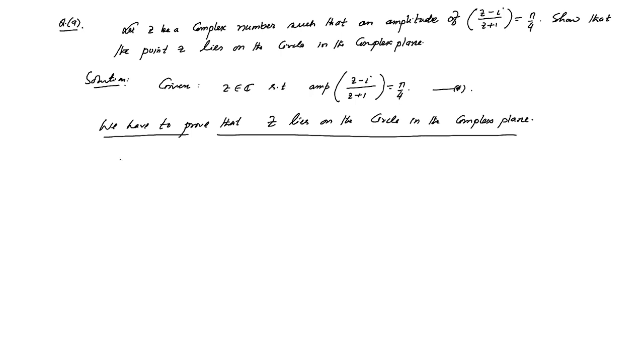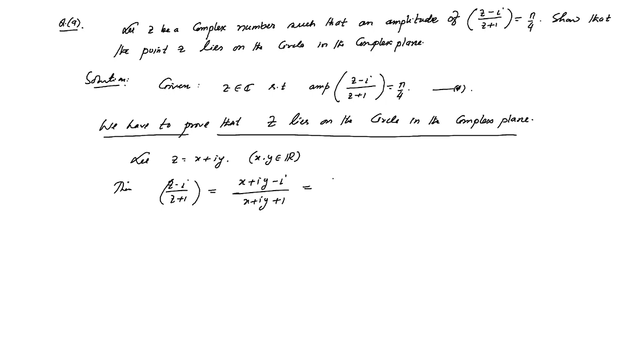How will we prove it? First we take Z as x plus iy, where x, y both are real numbers. Then we need to calculate (Z minus i) by (Z plus 1), which will be (x plus iy minus i) by (x plus iy plus 1).